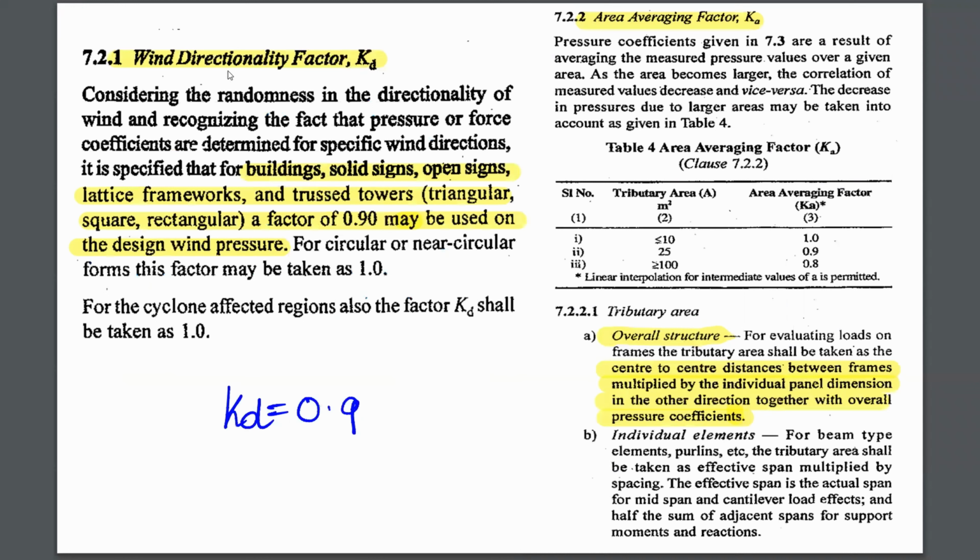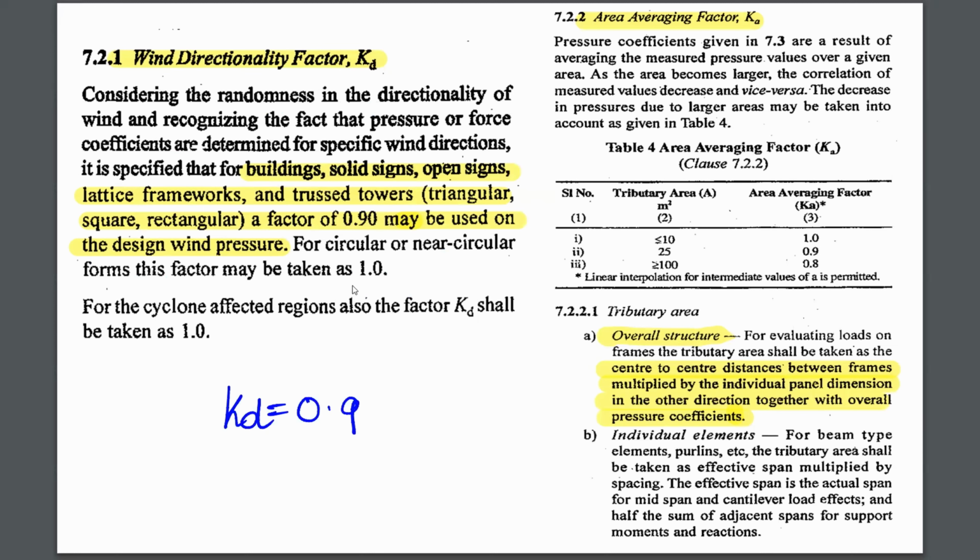Okay, so first coming to wind directionality factor, that is KD. So as you can see here, it is given building solid signs, open signs, lattice framework, and all triangular, square, rectangular, and factor of 0.90 may be used on the design wind pressure. So basically you can read this entire paragraph and you can conclude that if the building type is these all square, rectangular, you have to use 0.90 as KD, and if circular or near circular forms, we have to use 1.